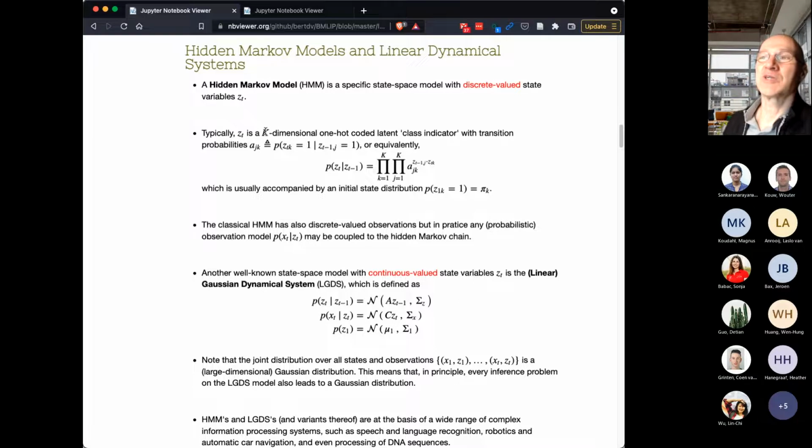What we will do is encode, as before, just think of them as clusters, Z of T as a one-hot-coded latent variable. That means Z of T is a 6-dimensional vector, and it has all zeros except for one of the entries which is a 1. And then we're interested in the probability distribution that I am at time t in the kth state.